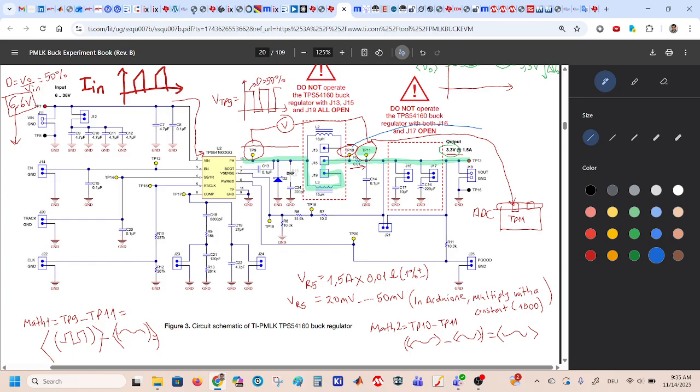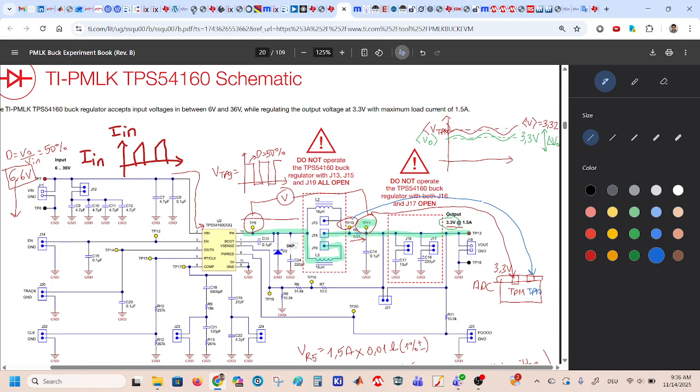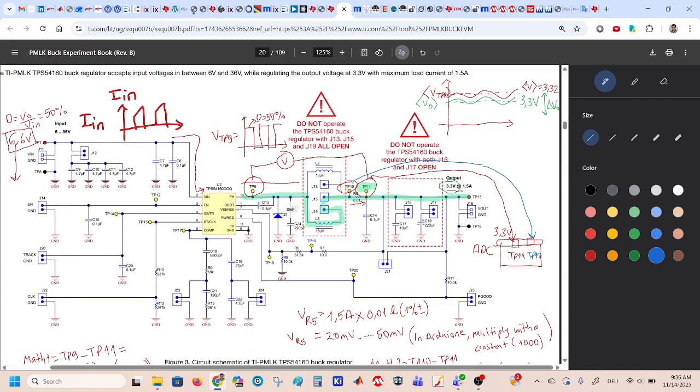We need these two signals. So the second problem was, this voltage is approximately 3.3 volts. And this voltage here is 3.3 plus current times the shunt resistor, let's say 3.32 volts.